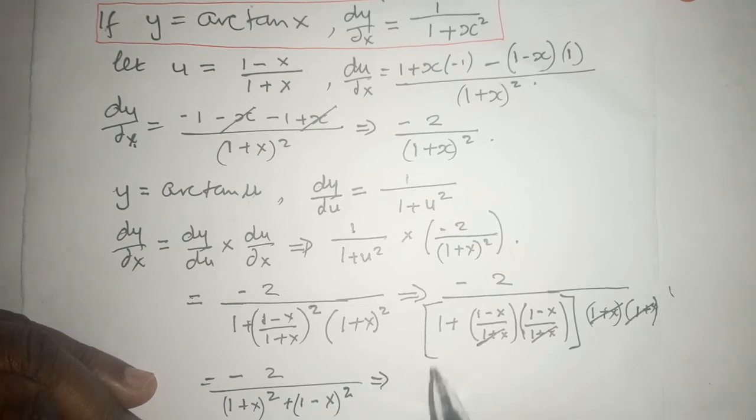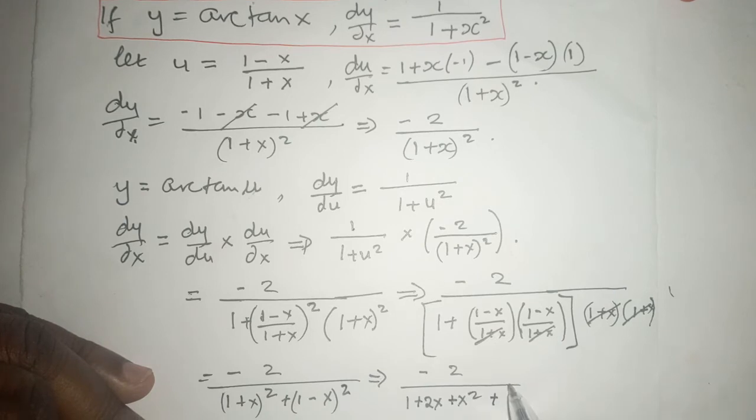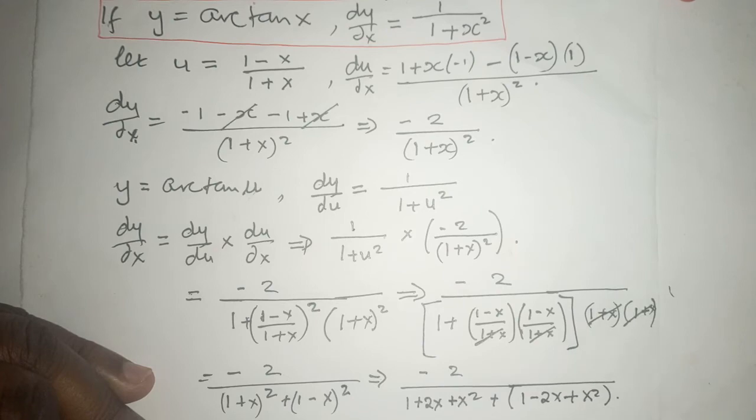When we expand this, we are going to have minus 2 all over, this is (1 plus x) squared, which is 1 plus 2x plus x squared. We have expanded that, plus we may open another bracket here, (1 minus x) squared, which is 1 minus 2x plus x squared.